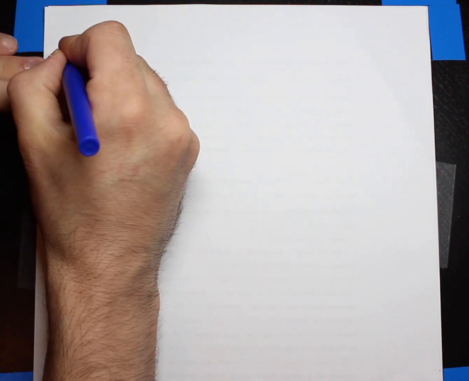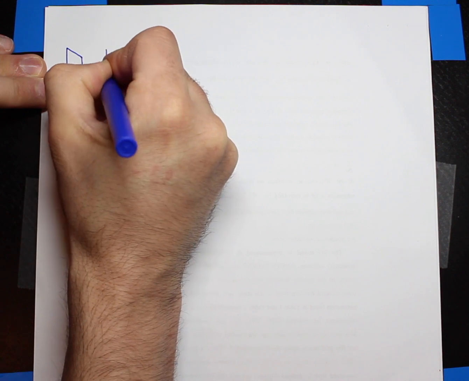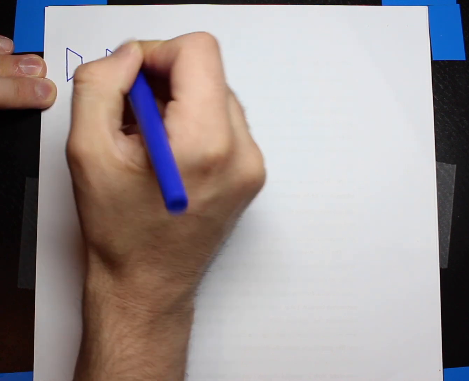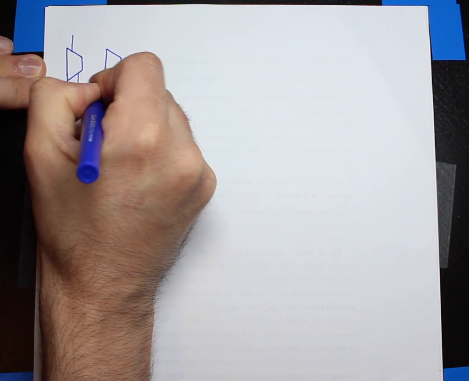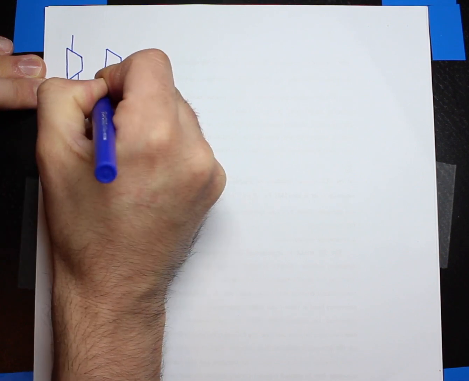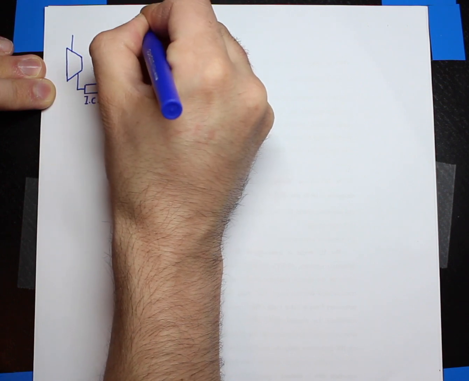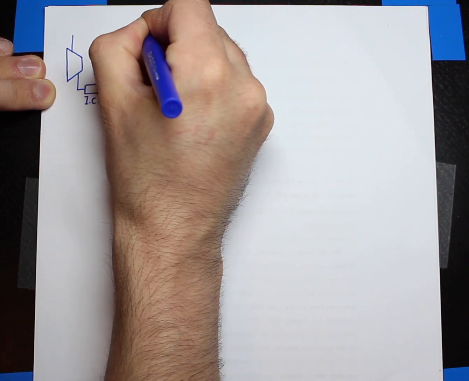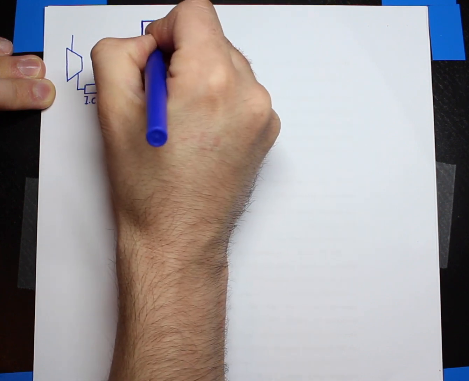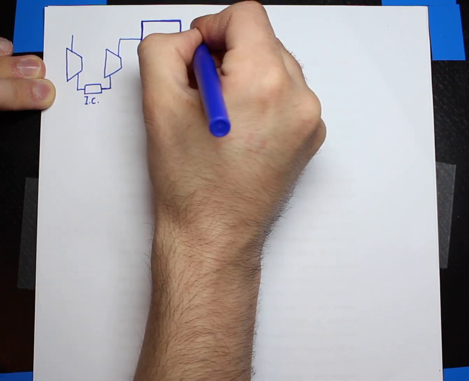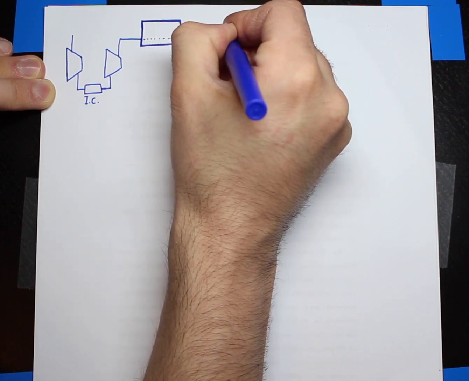So I will start with the two compressors. Let's say air enters the first compressor. After that, it goes to the intercooler in order to decrease its temperature. After that, it is sent to the regenerator, which is the new equipment that we have in part B. And after that, we have the combustion chamber.